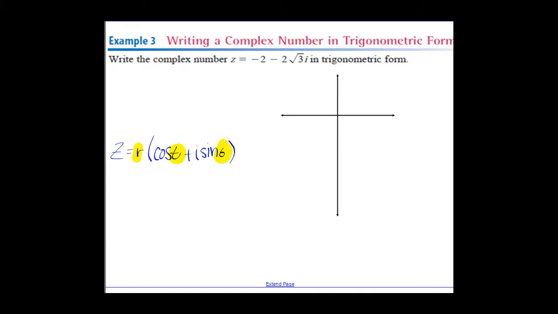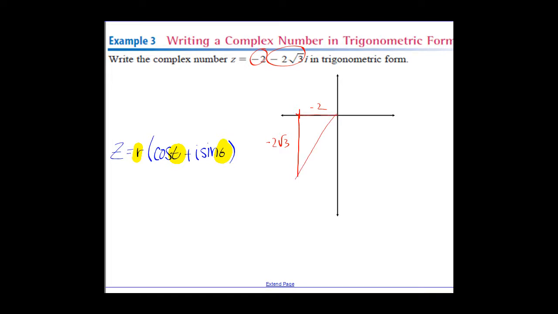Before we go after those, let's draw a quick sketch of this complex number. So I see my a is negative 2, so I'm going to go over negative 2, and then down negative 2 root 3 is my b value. So I'm going to draw a quick triangle here.